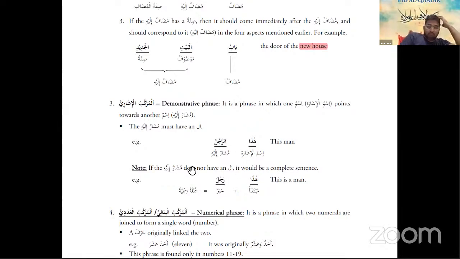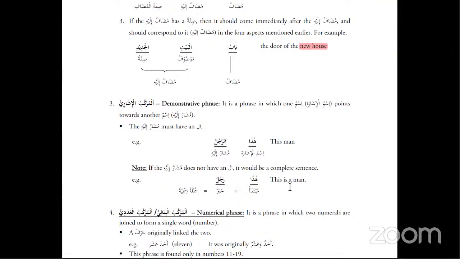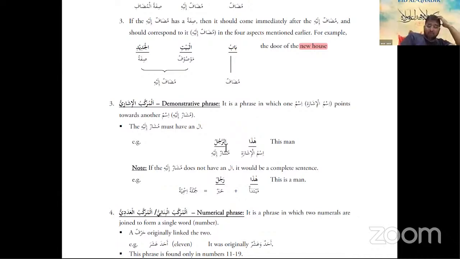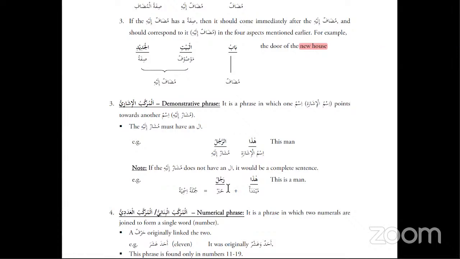In this example, if the mushar ilayh does not have alif lam, it will be a complete sentence. If alif lam is removed, then hadha is deemed as the subject and rajulun as the khabar. Yeah, I get it. So they were two nouns acting as one subject.